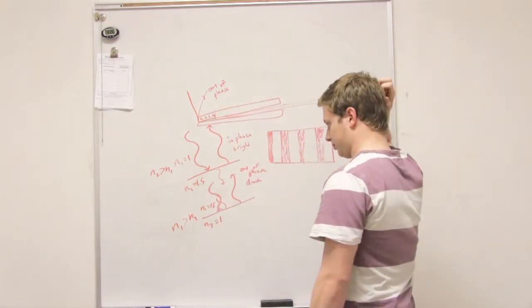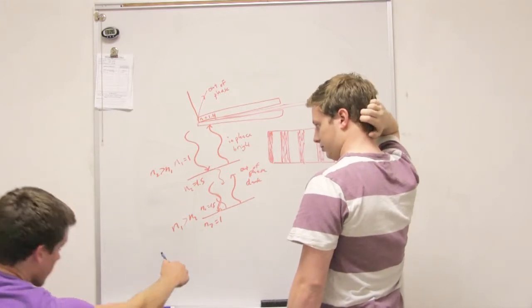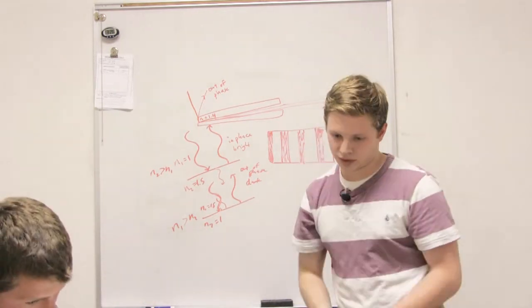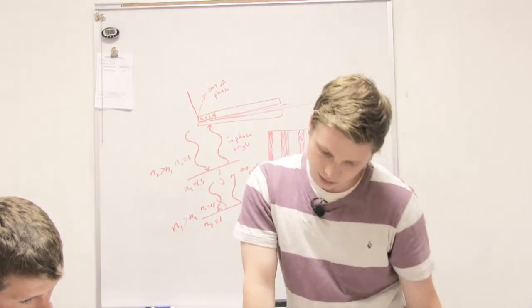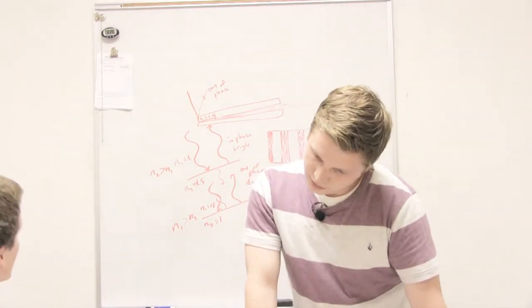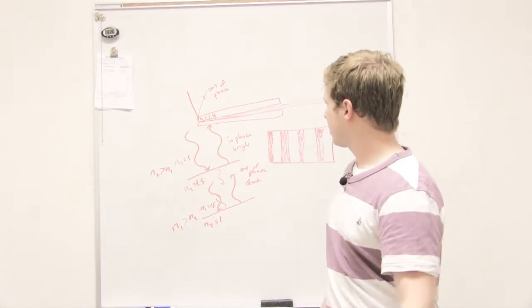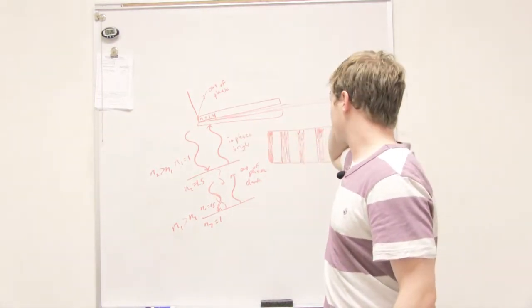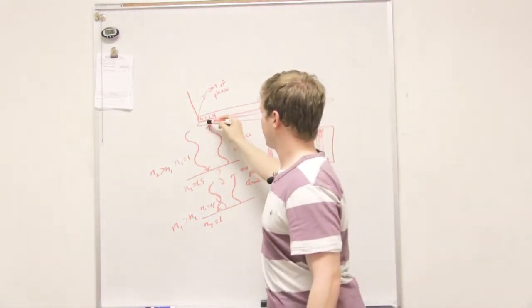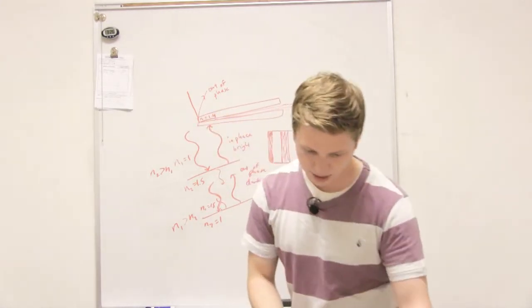How do we know the n values, other than that it's just given? It's 1.4. How do you know that n1 is greater than n2? I don't think it matters so much for this part.